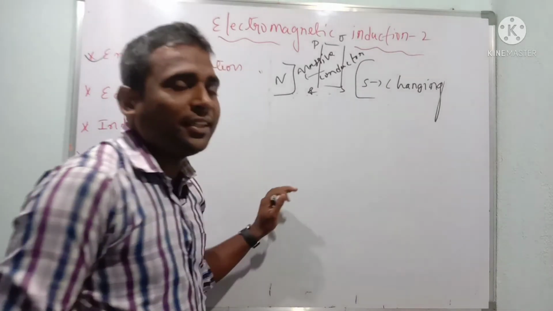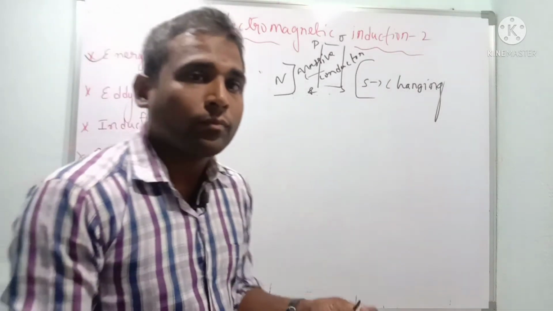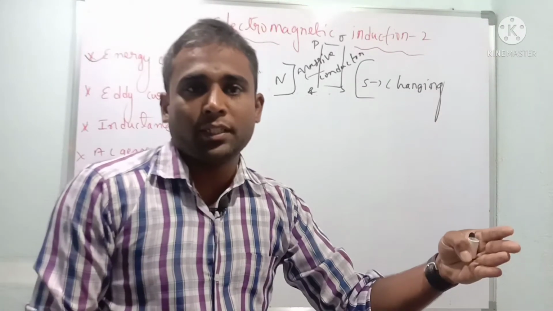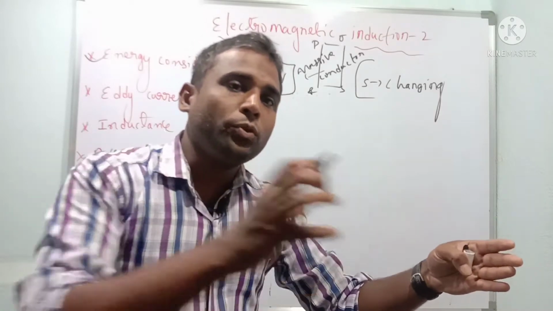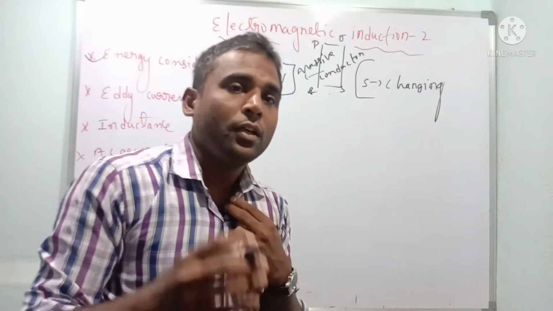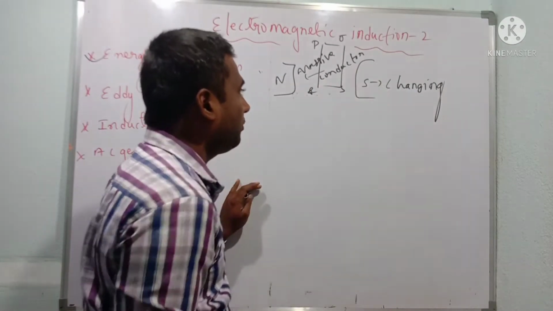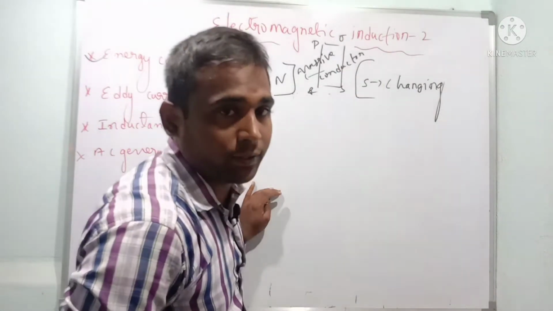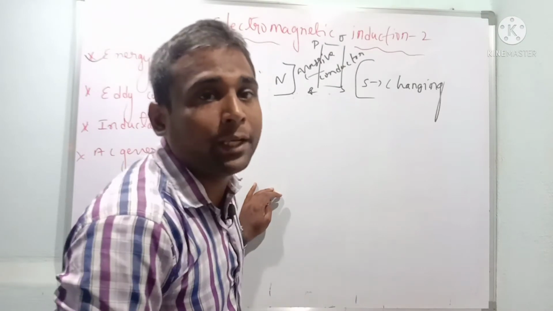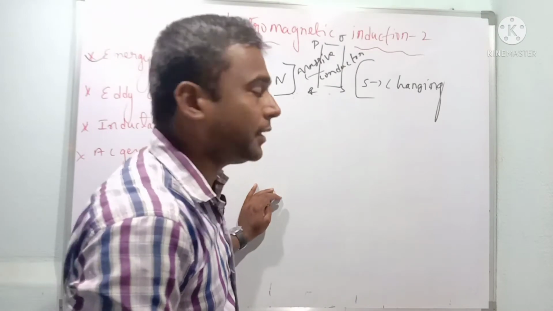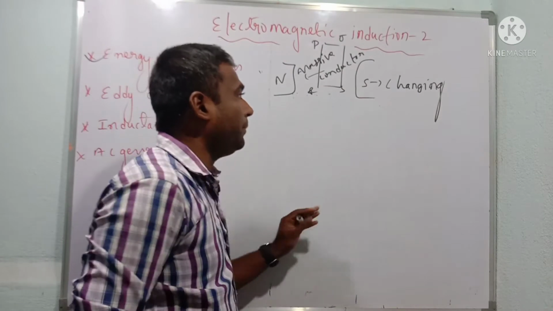Dear students, in the previous class we understood that the magnetic field was at rest and we were moving the conductor. But here I am changing the magnetic field and bringing the conductor. So I am going to use a metal piece. Then what are eddy currents?